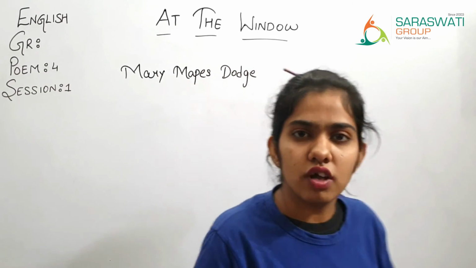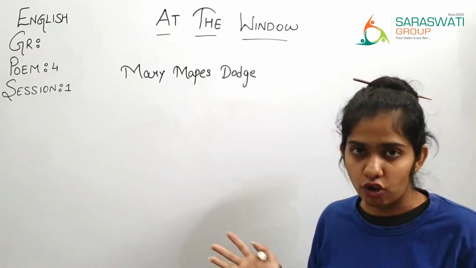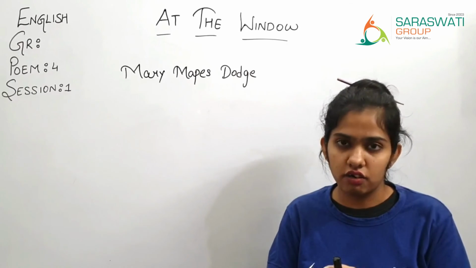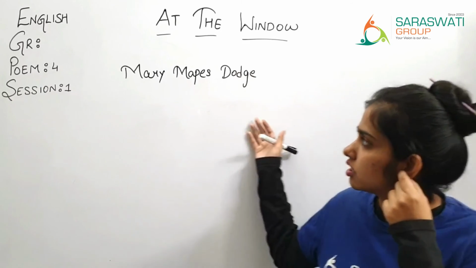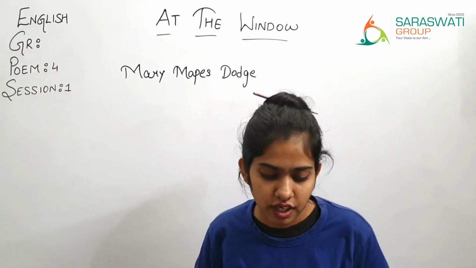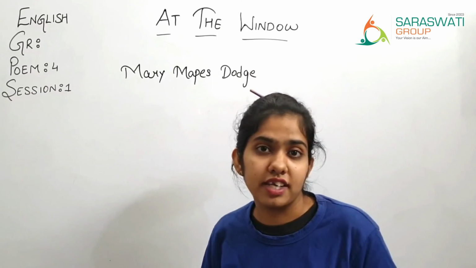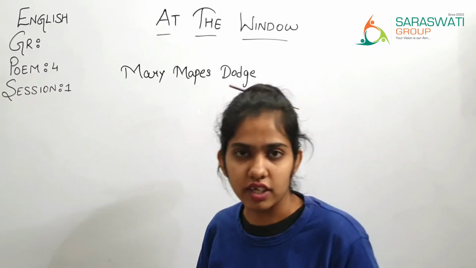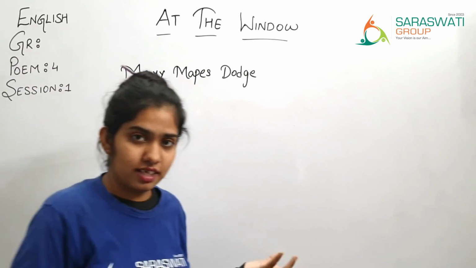So this poem is all about that, and this poem is written by Mary Mapes Dodge. We have also learned something about Mary Mapes Dodge, who is an American children's writer, who has written many stories and books, rhymes and jingles and everything. She has written many things.